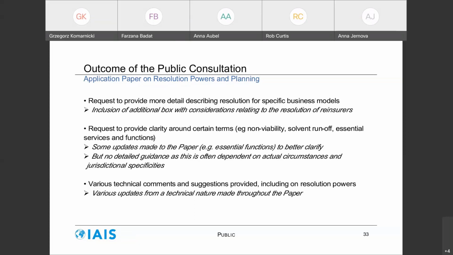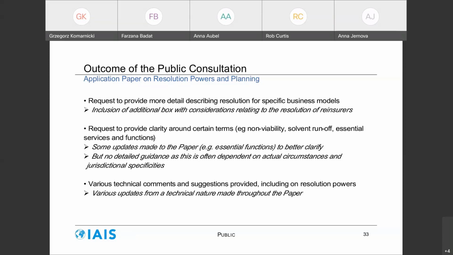As might be expected, we also got some questions around clarifying certain terms, such as non-viability, solvent runoff, and essential services and functions. We really want to differentiate the essential services and functions from the FSB's concept of critical services and functions, which are separately defined by the FSB, and we're not trying to make the same reference.